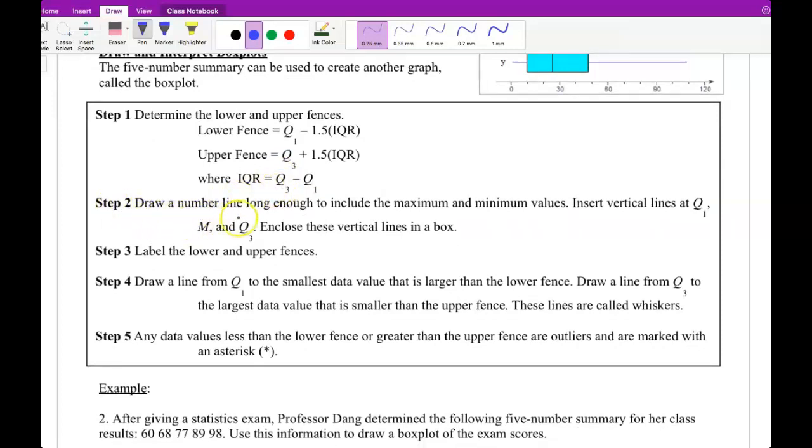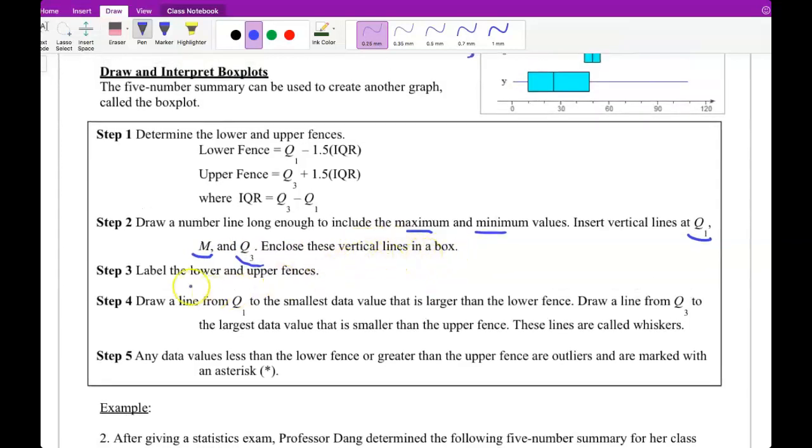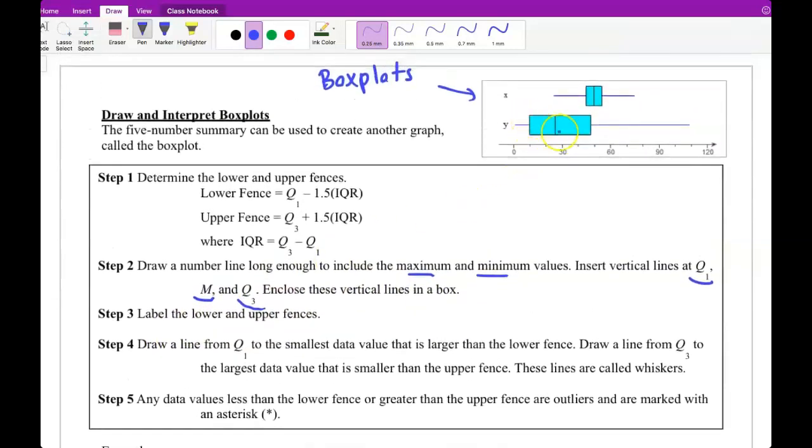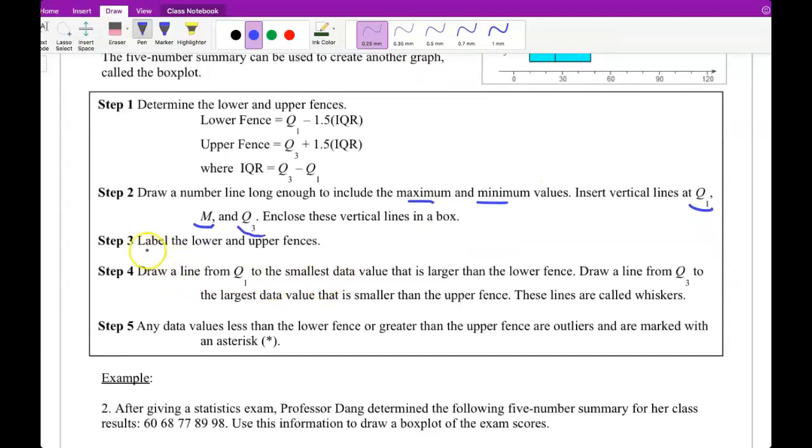Step 2: draw a number line long enough to include the maximum, minimum, Q1, Q2 or median, Q3, and then draw the box. To draw this one, we need to find the median, Q1, Q3, and min and max.